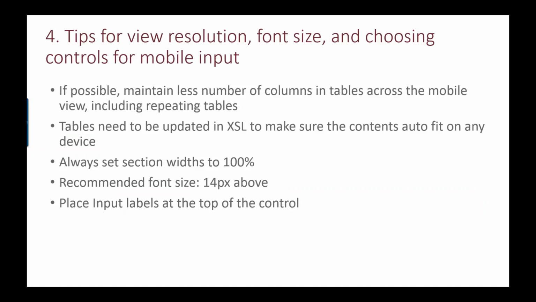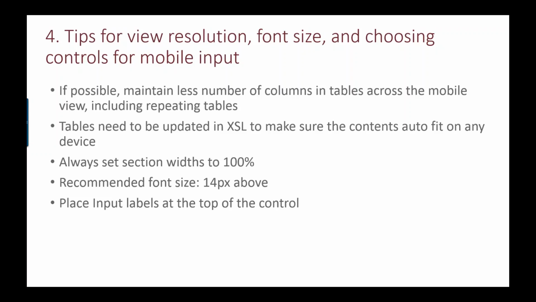Okay. And finally, tips for view resolution, font size, and control. Based on my experience, we'd want to maintain a small number of columns because, as you know, the more columns you have, especially for repeating tables, the harder it gets to fill out on a mobile device with that not so big screen, not so big room to fill out fields.